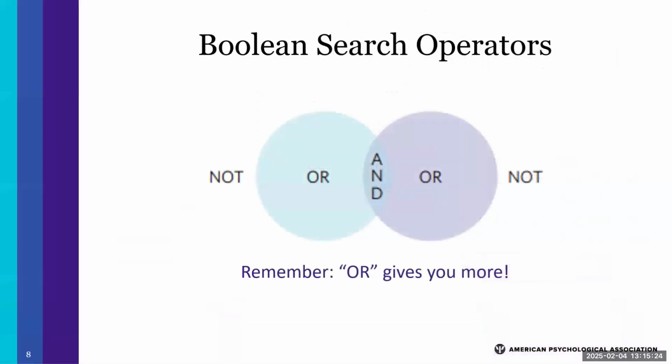Okay, and our final point about research databases is how you can combine searches. So the first example we're going to do is to search both depression and thyroid hormone. In this case, I would use the and operator, right? You see how and shows the overlap and or gives you more, right?